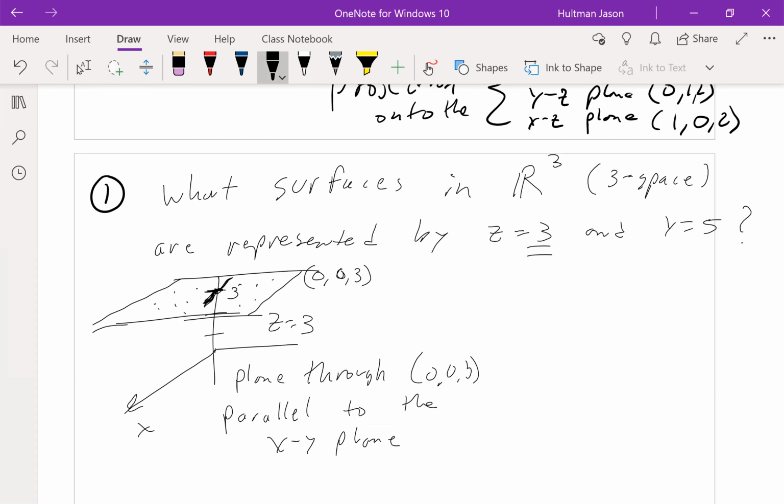Why? Because there's X, here's Y, and here's Z.